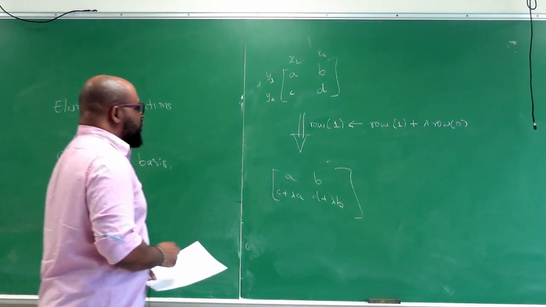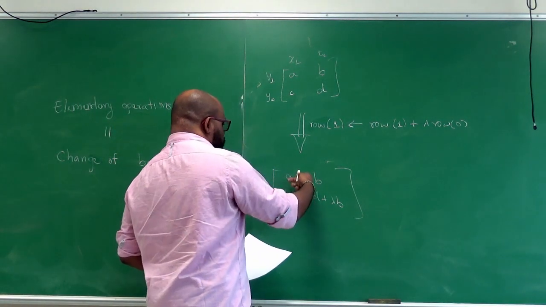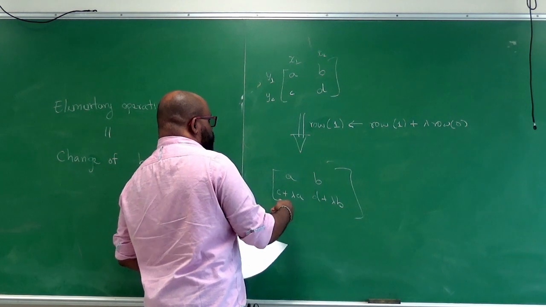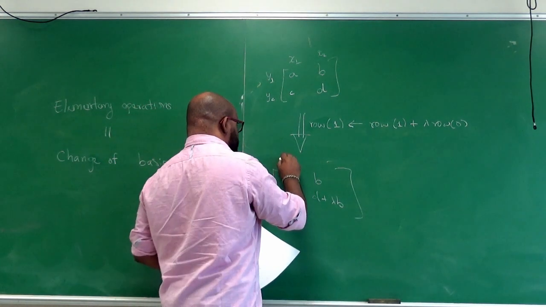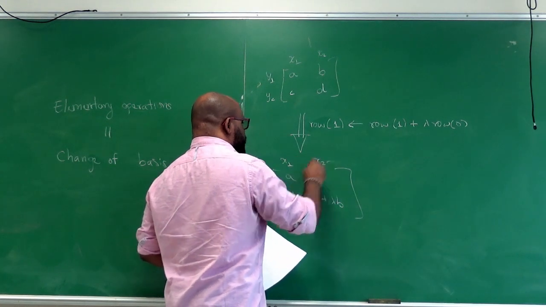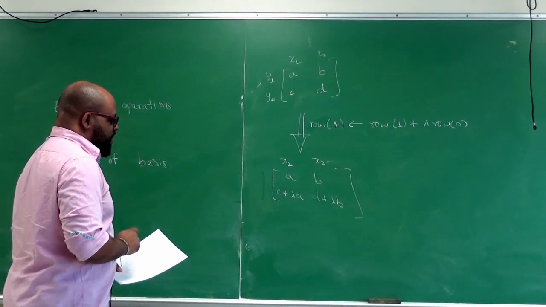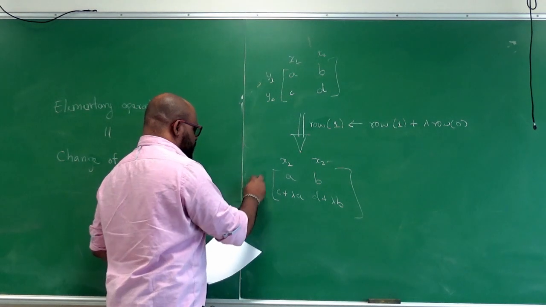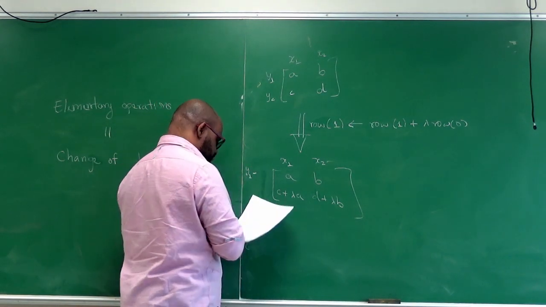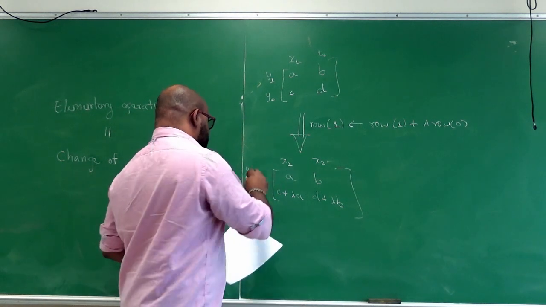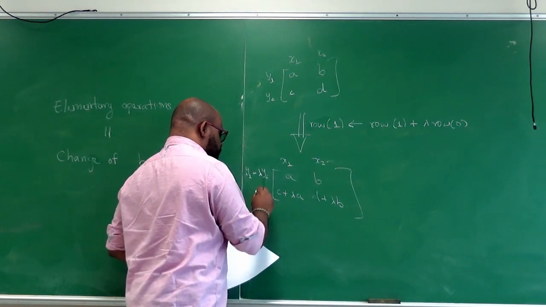And then the question is, how did the basis change when you did that? So it turns out that when you do row operations, what changes is the basis in the codomain. So these guys stay the same, and this guy over here now looks like y1 minus lambda y2, and then this is y2.